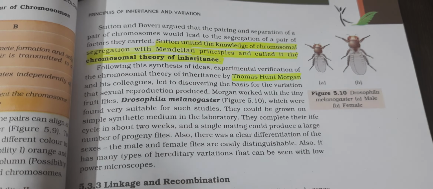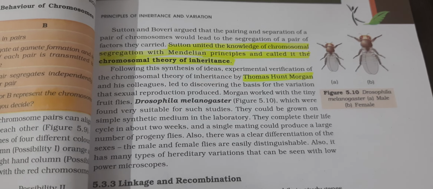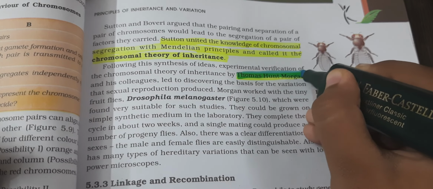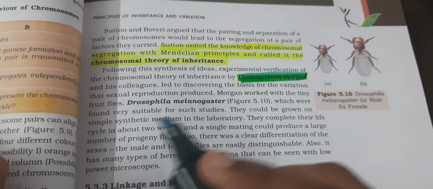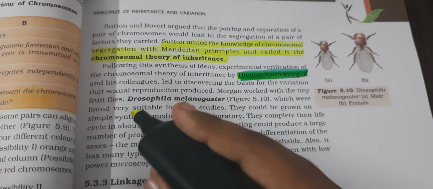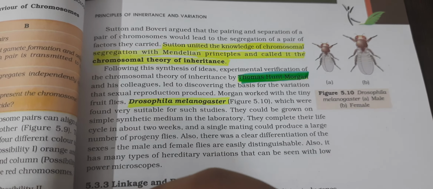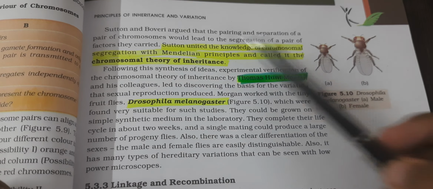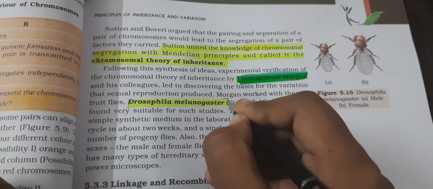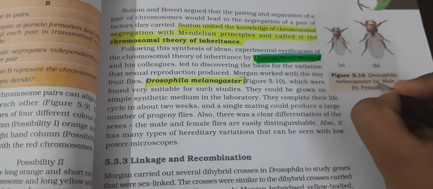He and his colleagues discovered the basis for the variation that sexual reproduction produces. Morgan worked with tiny fruit flies, Drosophila melanogaster. We have heard it so many times in genetics class. Drosophila melanogaster, very important, please remember.